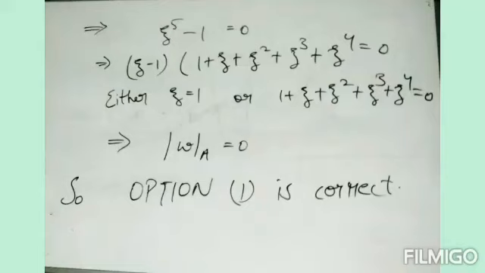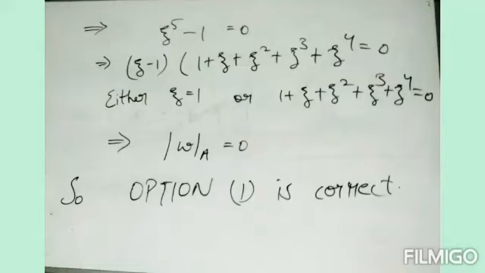As psi is a fifth root of unity, therefore psi raised to power 5 minus 1 is equal to 0. By factorizing, we get psi minus 1 into 1 plus psi plus psi square plus psi cube plus psi raised to power 4 is equal to 0.